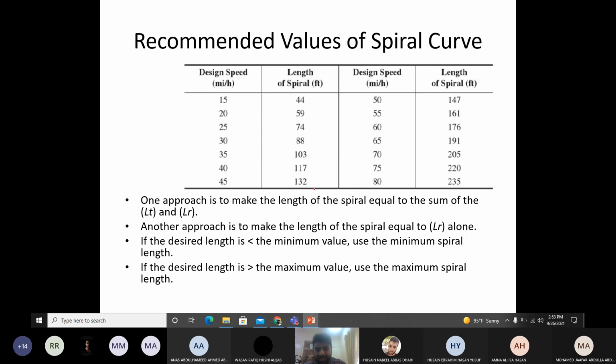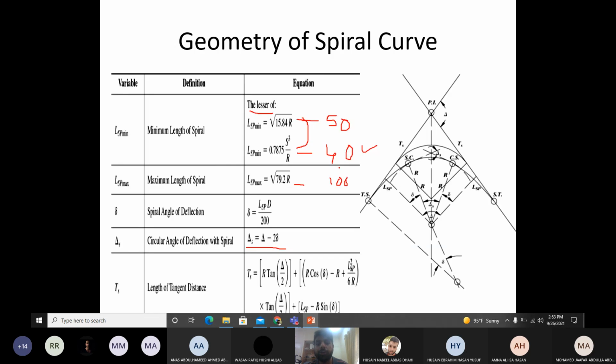If, for example, the value from the table is out of the range, you cannot use it. LT plus LR out of the range, cannot use. LR in the range, select it. If all three of them are out of the range, for example LR is also out of the range, then forget about these three things and use your own judgment to select any value between minimum and maximum.